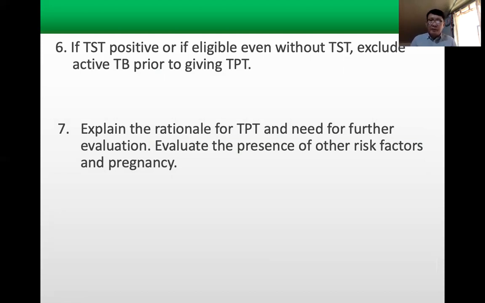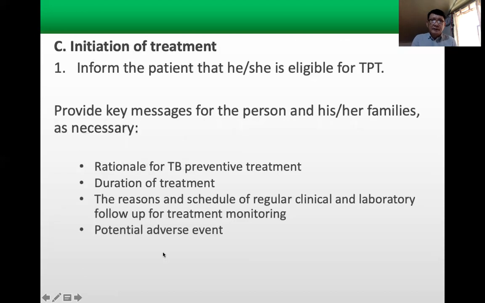Explain the rationale for TPT and need for further evaluation. Evaluate the presence of other risk factors and pregnancy. So in the initiation of treatment, inform the patient that he or she is eligible for TPT. Provide key messages for the person and his or her family as necessary.